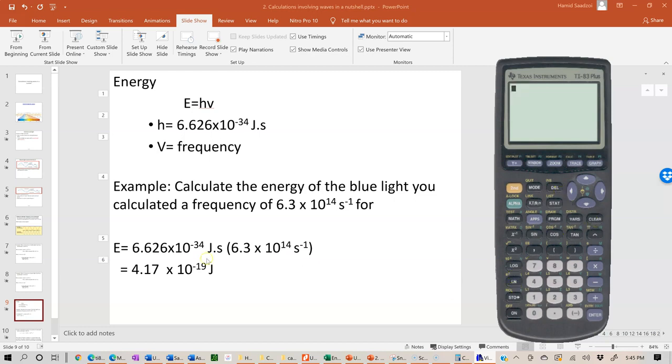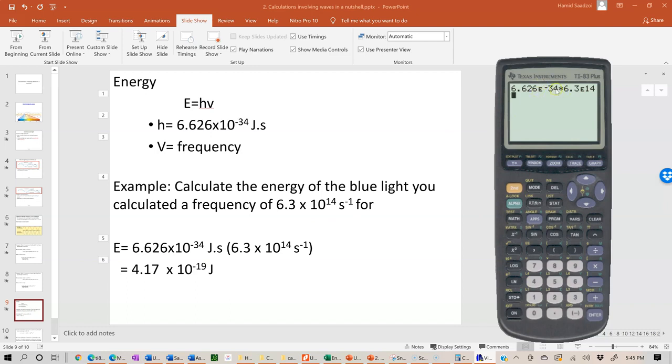Clear button. So 6.626, EE button again, so second, EE, negative 34, not divided by, multiplied by 6.3, second, EE, 14, which is basically the same thing as this.